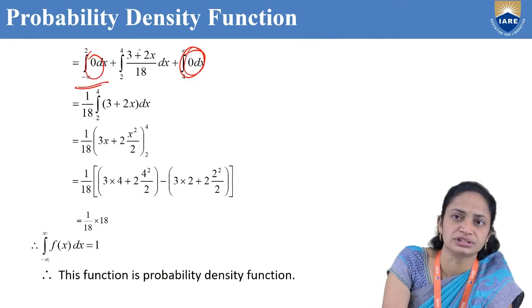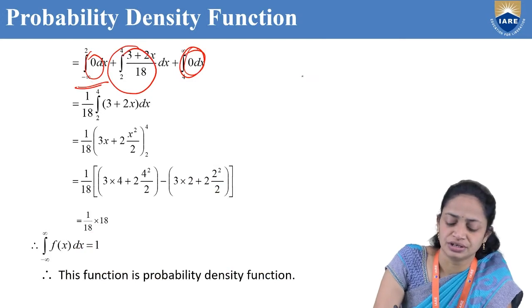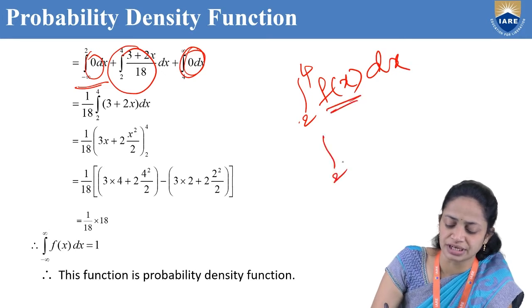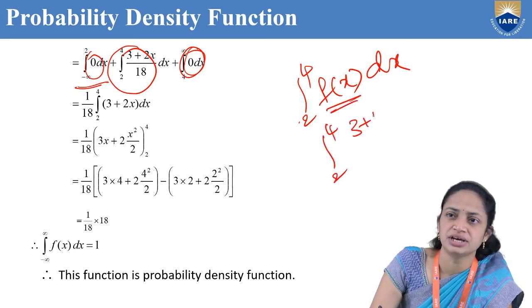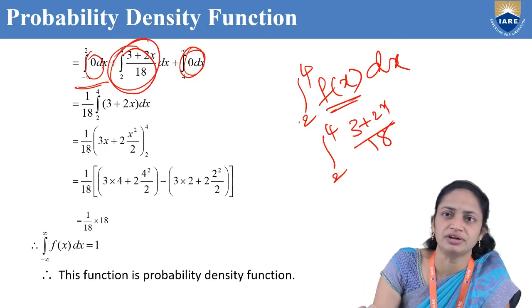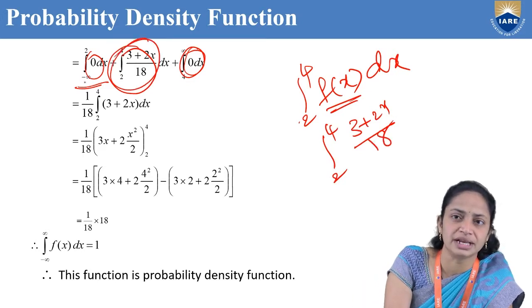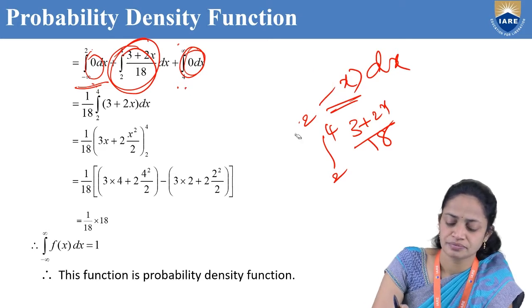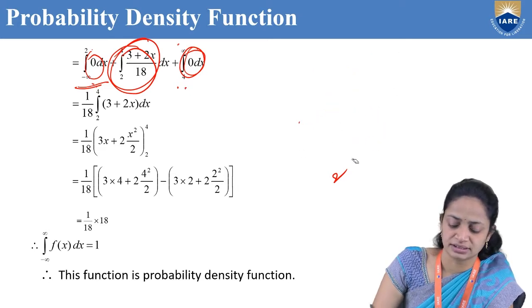So here we have to substitute our function in place of f of x. That is the integral from 2 to 4 of (3 plus 2x) by 18. In place of minus infinity to 2 the function is 0, and 4 to infinity also the function is 0. Okay. So next.